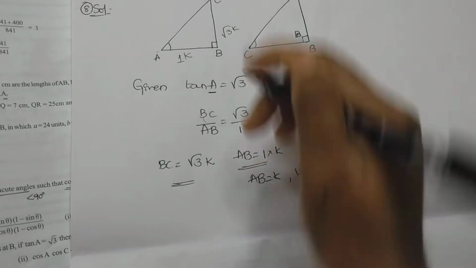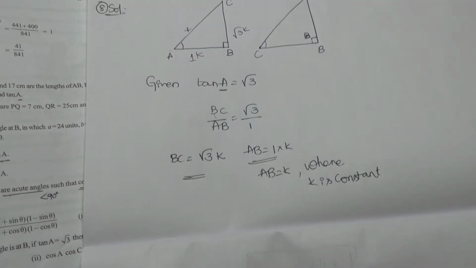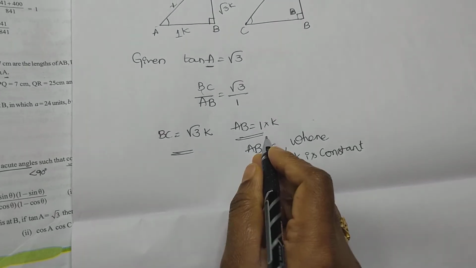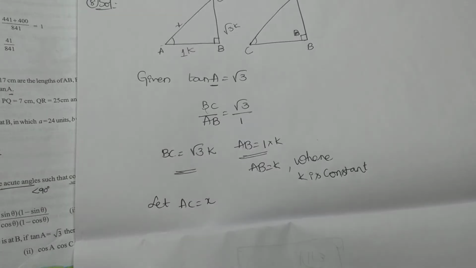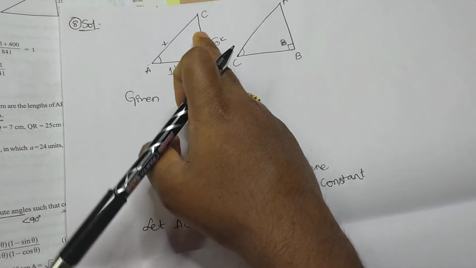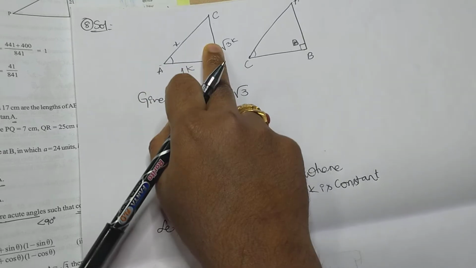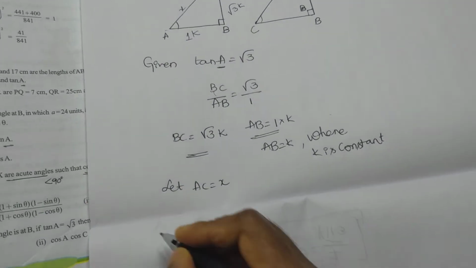Okay, so we don't know this, so that's why I'm assuming it as X. We know BC and AB, so let AC equal X. By Pythagoras theorem, it's easy to find the value of X, right? X square equals root 3k whole square plus 1k whole square, as simple.